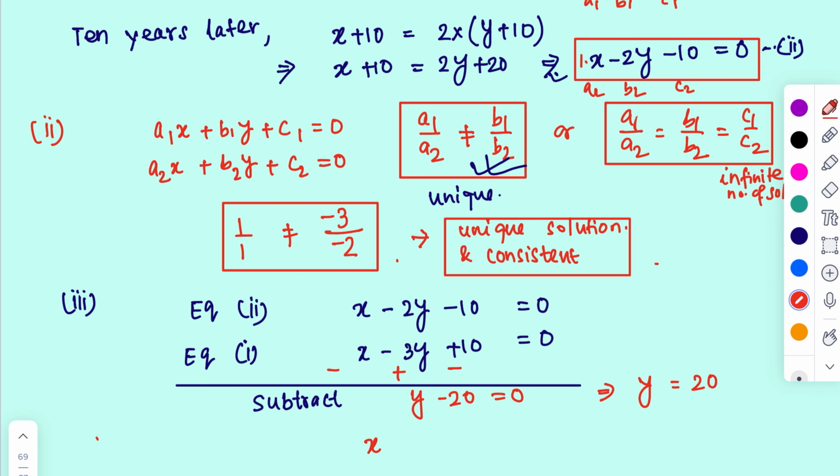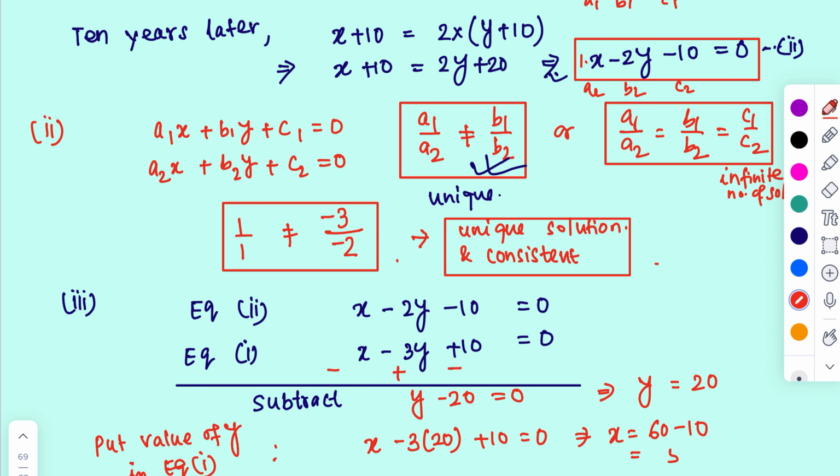Suppose in equation 1, if we put the value of y, we will get x minus 3 times 20, y is 20, plus 10 equal to 0. This implies x is equal to 60 minus 10, which is equal to 50.